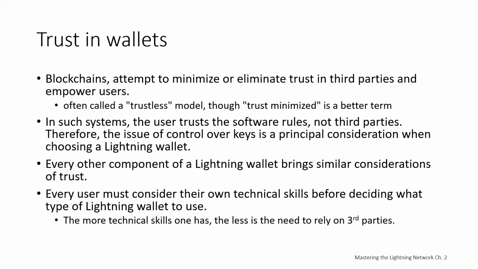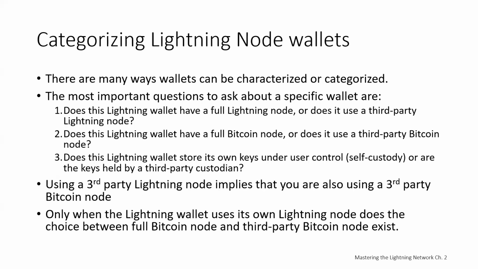Finally, those seeking simplicity and convenience, even at the expense of control and security, might choose a custodial Lightning wallet. This is the least technically challenging option, but it undermines the trust model of cryptocurrency and should therefore be considered only as a stepping stone towards more control and self-reliance. The more technical skills one has, the less there is a need to rely on third parties.